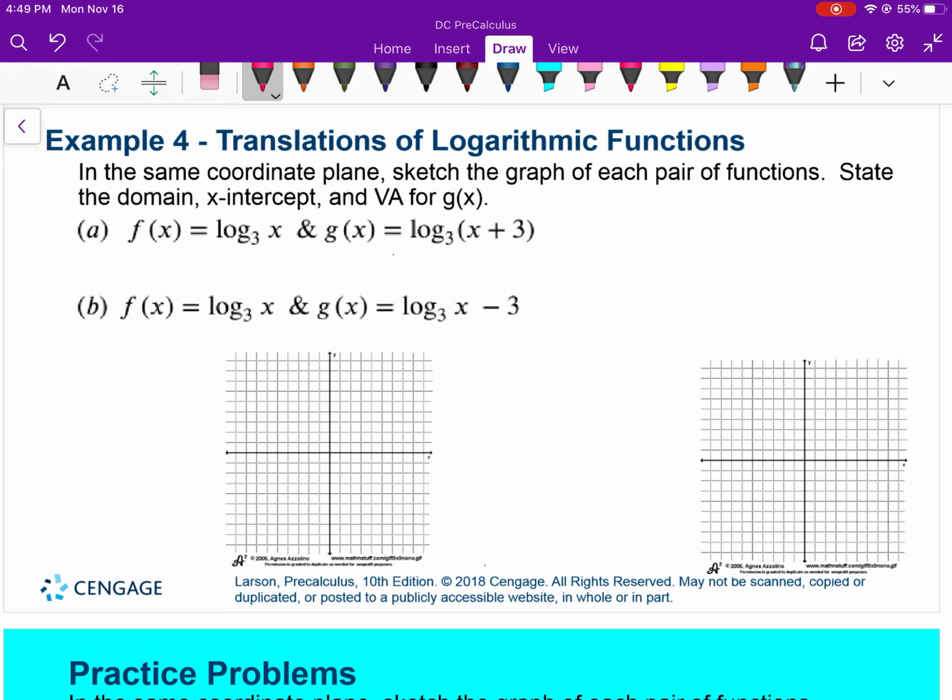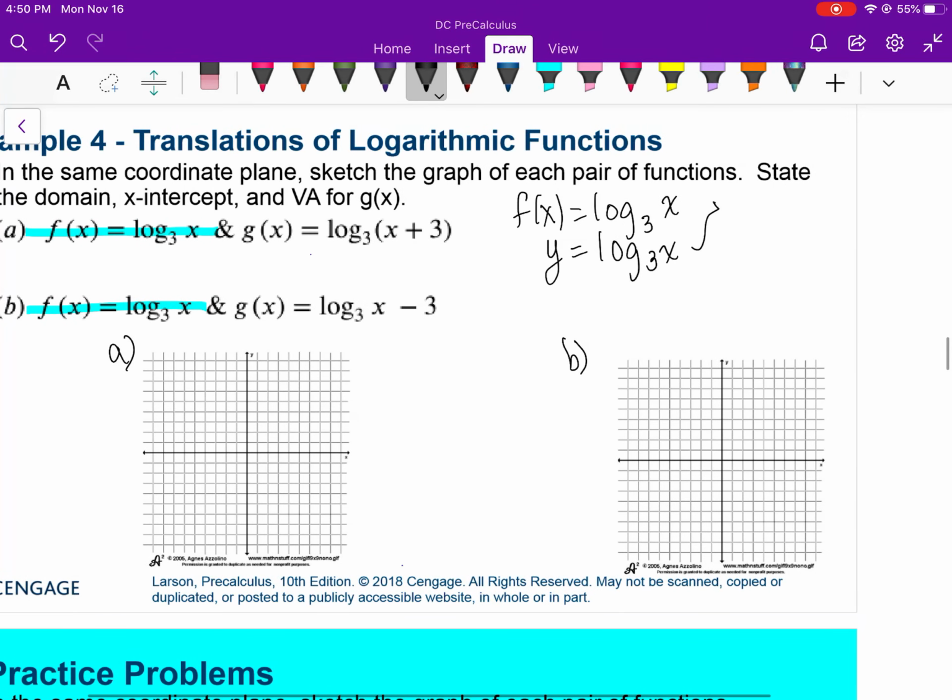And so the first thing we're going to do is we're going to take and graph this function on each grid. So this will be the grid for A, and this will be the grid for B. So if I'm going to graph f of x equals log base 3 of x, the first thing I'm going to do is set it equal to y. And then I'm going to take and write it as an exponential. So that will be 3 to the y equals x.